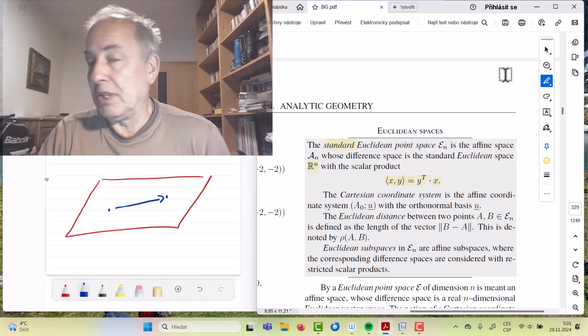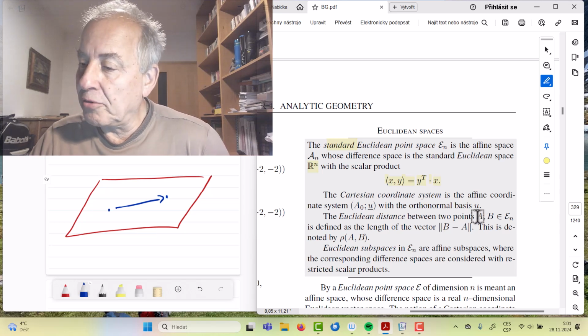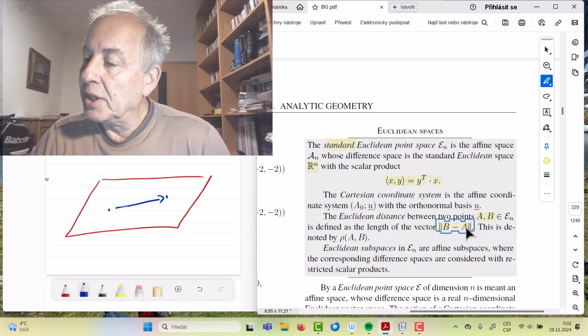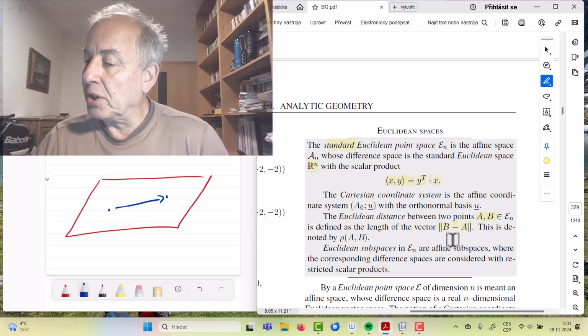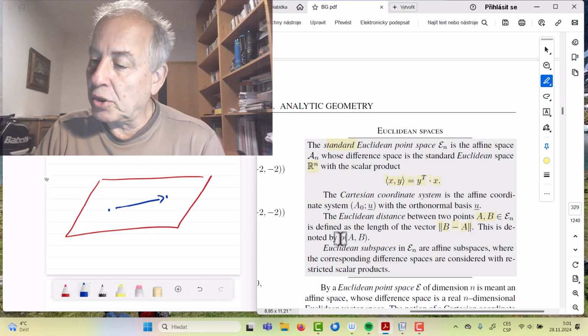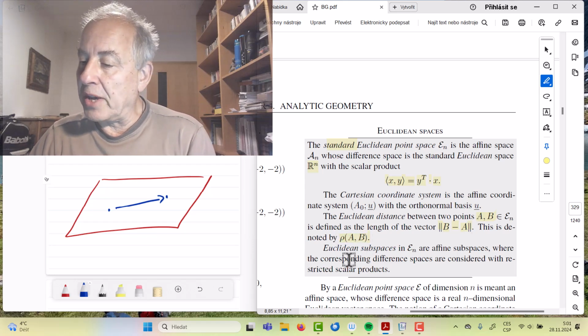And then it's that simple, as I indicated already. For every 2 points I know the distance, because it's the norm of the vector, and we shall write it in a different way with the rho.